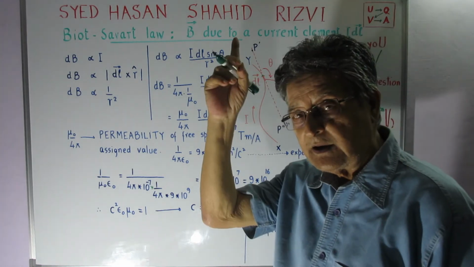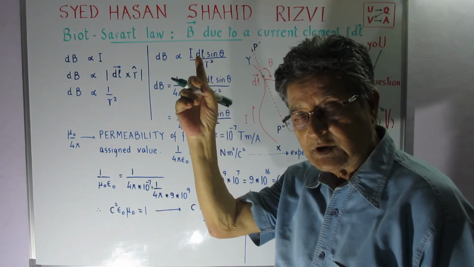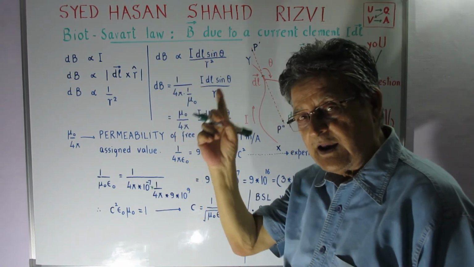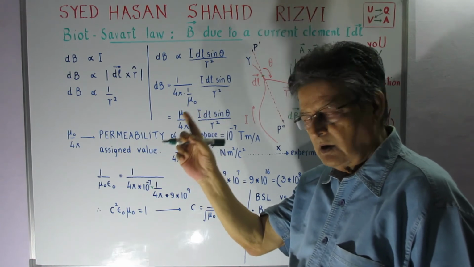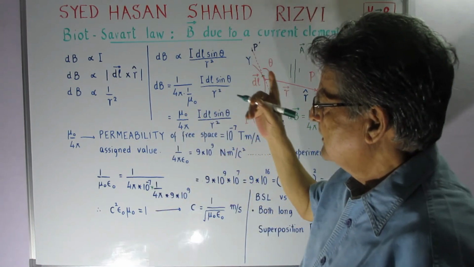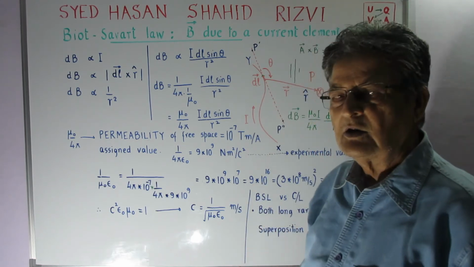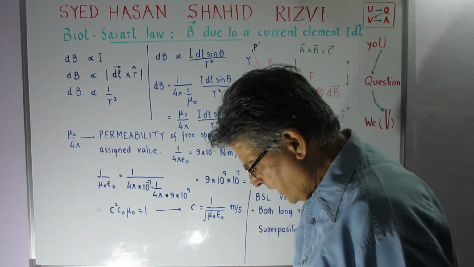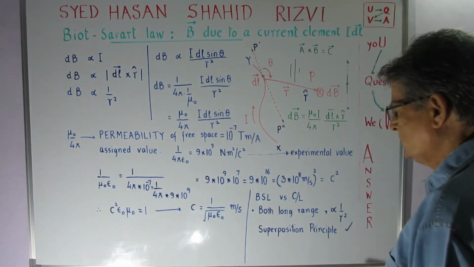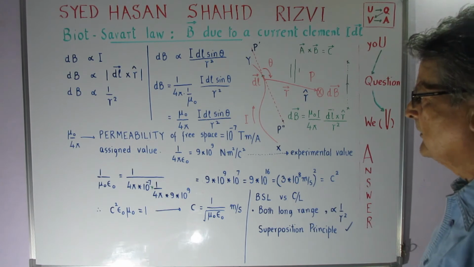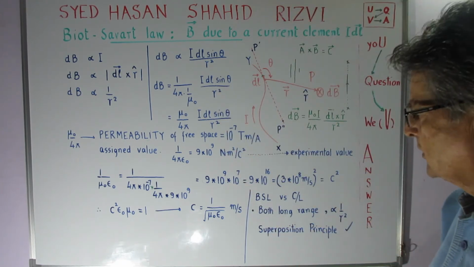In the case of potentials, because potential is a scalar, it can have positive and negative values. But the electric field and the magnetic field are vectors, so the superposition principle applies as they are vectors. I'll give you more comparisons shortly.